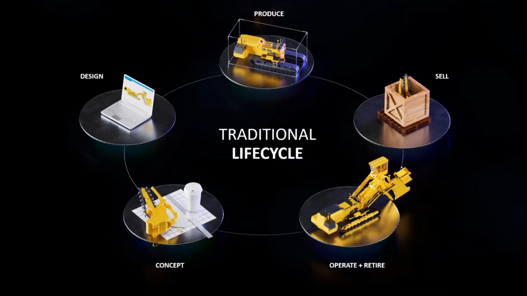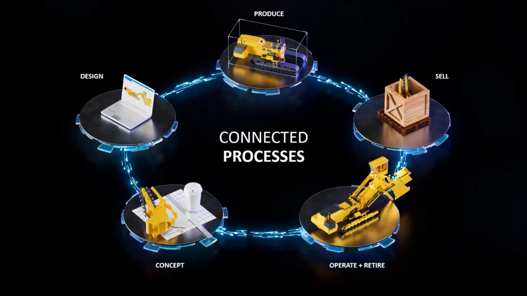And the traditional life cycle normally starts from concept to design, to produce, to sell, and operate, retire. Yeah, it's separate as well. So there is a problem sending information among each section. But with Fusion's connected process, the 5 sections work together with the same data.